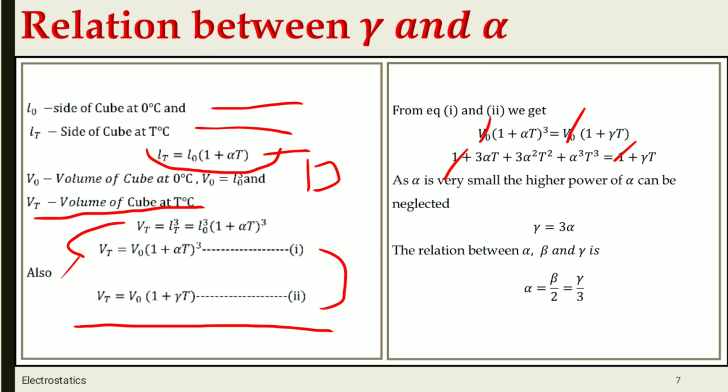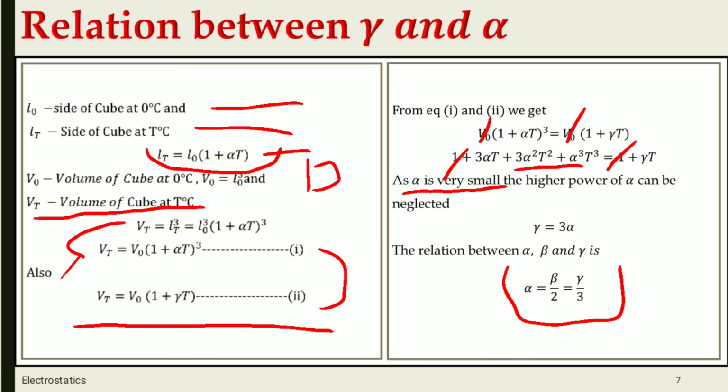Then 1 will get cancelled from both the sides. Again alpha is very small, so higher powers of alpha can be neglected. So gamma is equal to 3 alpha, that is coefficient of cubical expansion is equal to 3 into coefficient of linear expansion. And this is the relation between alpha, beta and gamma, that is alpha is equal to beta upon 2 is equal to gamma upon 3.